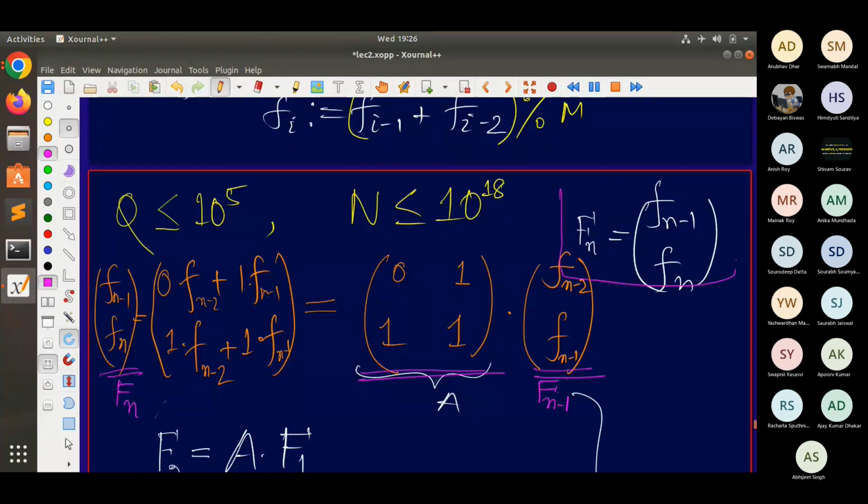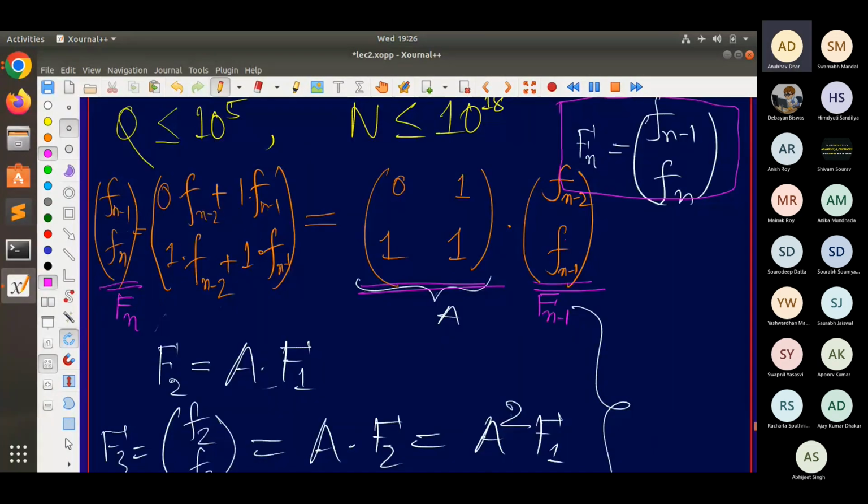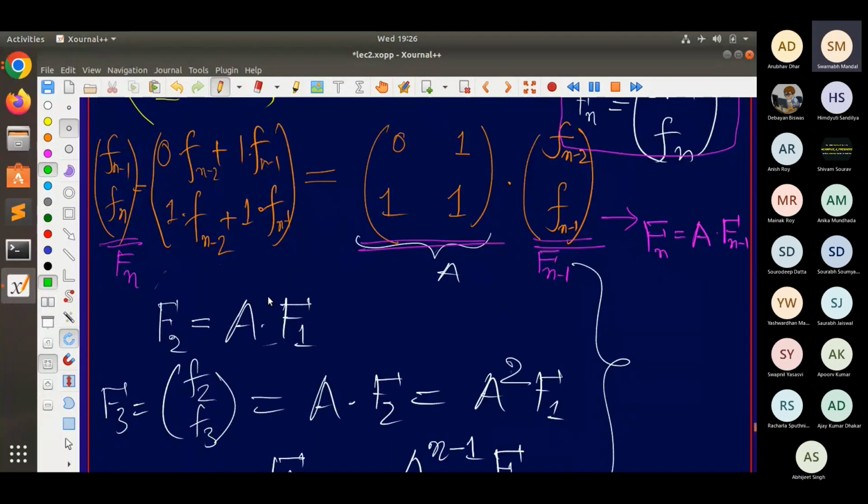This is what I do. So from here you have f of n equals A times f of n minus 1, right? Clear? Yes. So I just put n equal to 1 to get this.